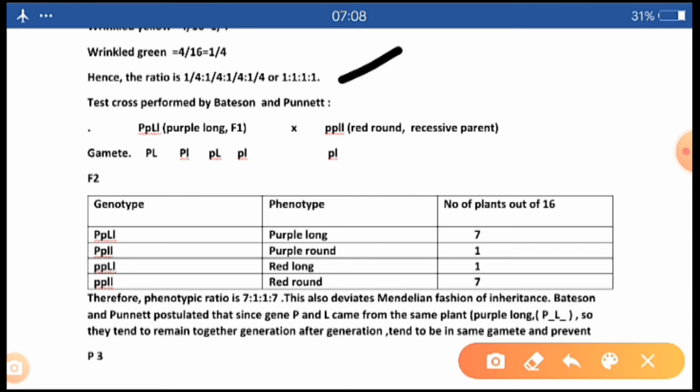Okay, this is the conventional method, conventional result.